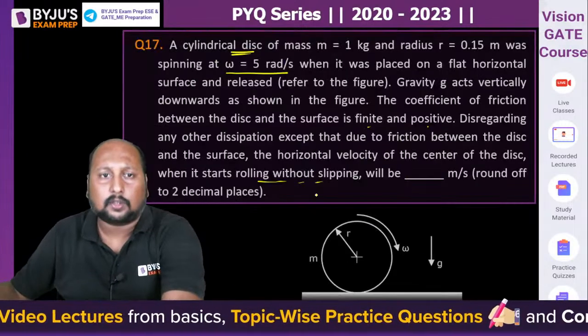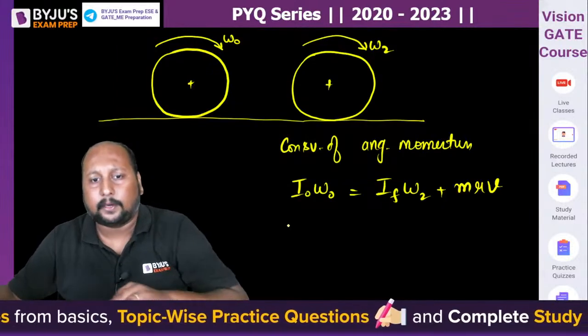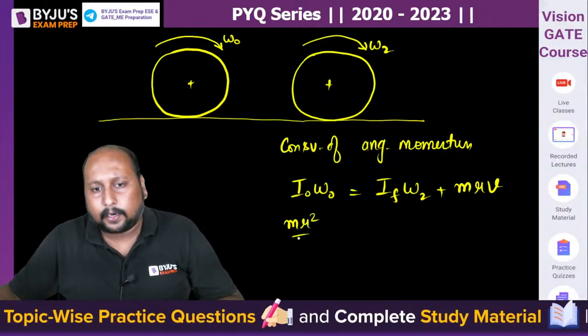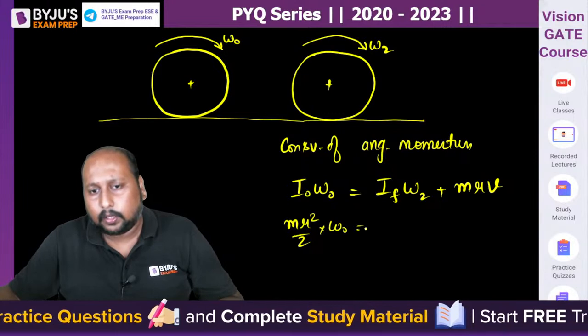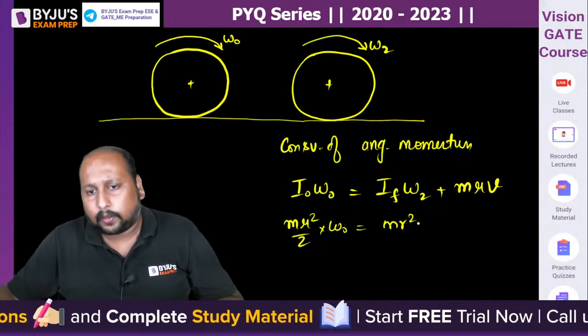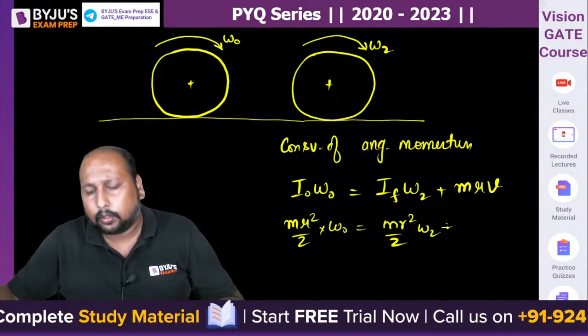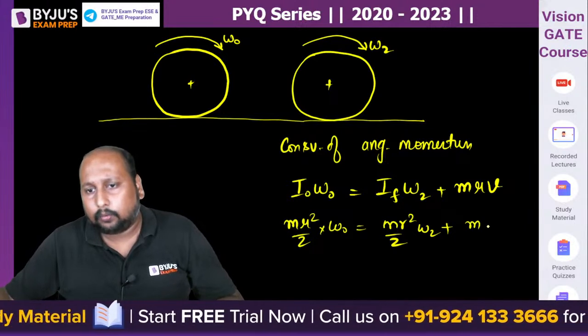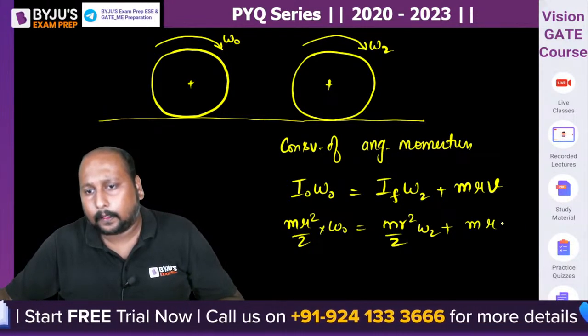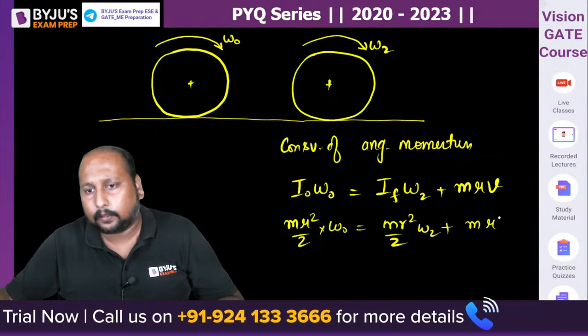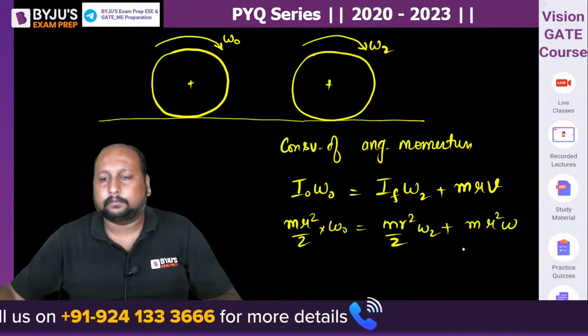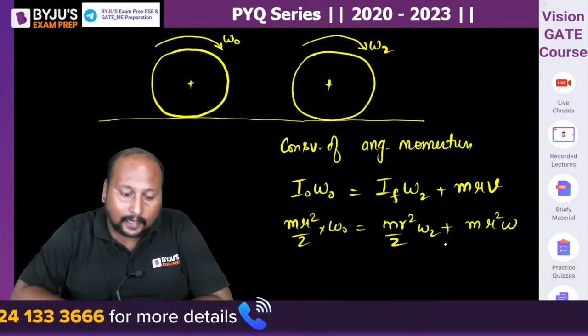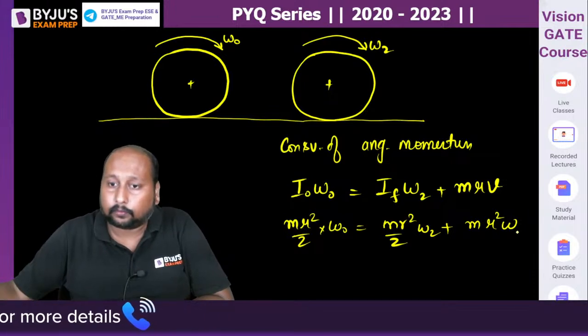I think they are given as solid disk, na? Solid disk, mr square by 2. mr square by 2 into omega 0 is equal to mr square by 2 into omega 2 plus m into r into omega, mr square omega 2.